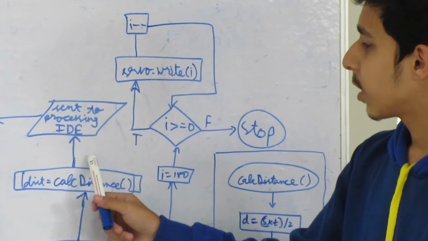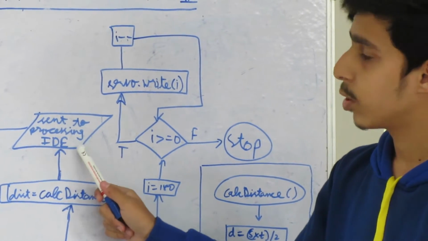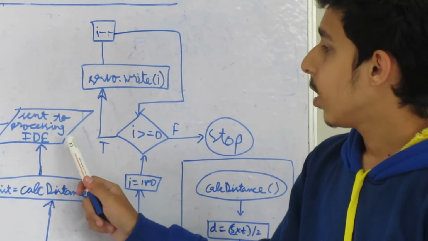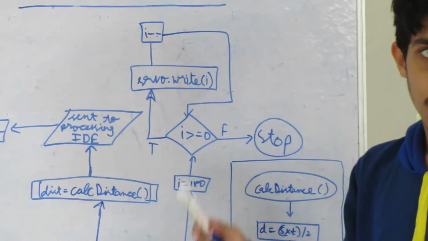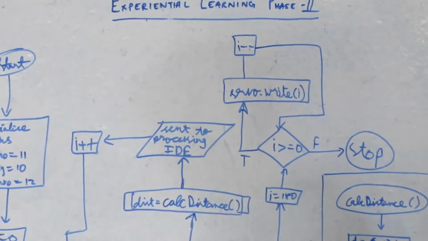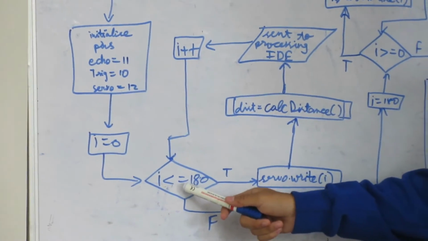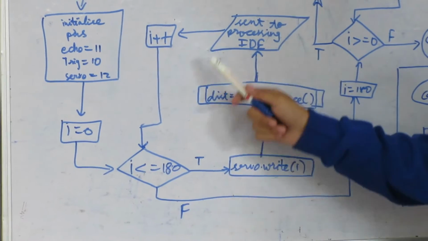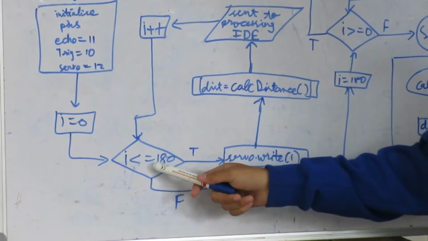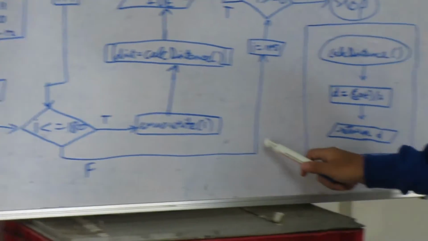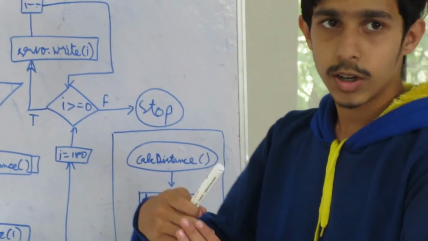Then after calculating the distance, that distance is sent to the processing IDE, and is outputted on the radar through the processing IDE. Then we increment I and check for the condition again. So this loop keeps running until I reaches 180. Then we take it to the returning part.